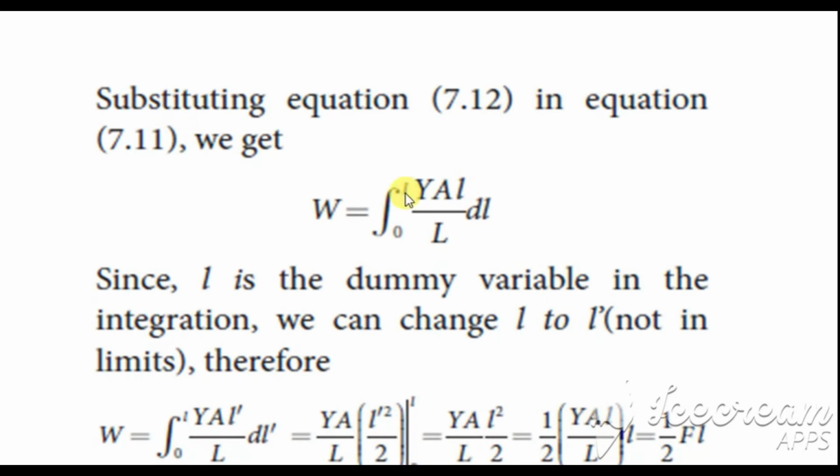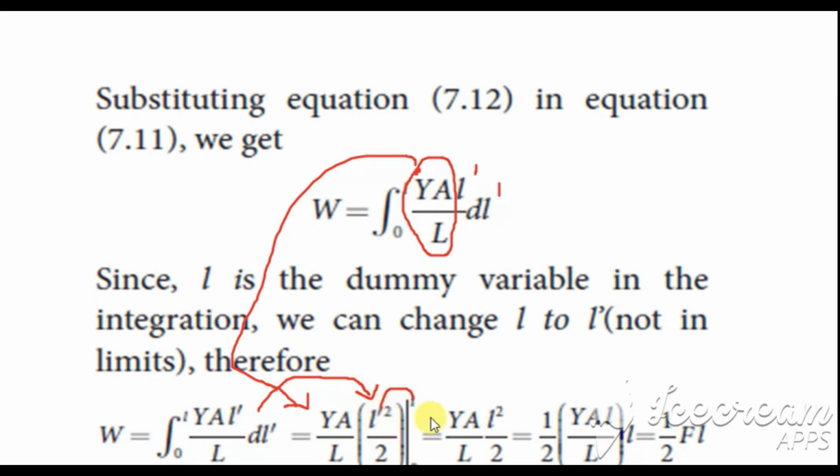I'll say this once again. YA divided by L is a constant term, so we take this outside, then the remaining is l dash into dl dash. If you integrate this term, it becomes l dash square divided by 2. Applying the limit, it becomes just l square. L square can be written as l into l.